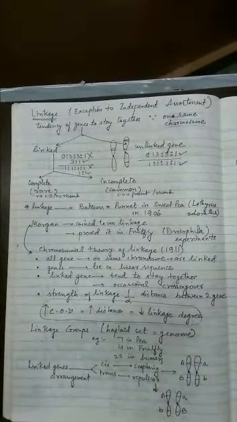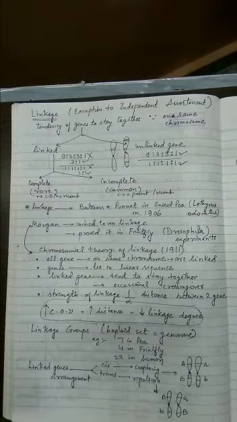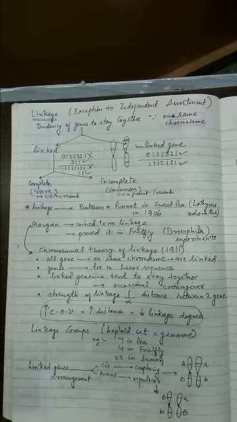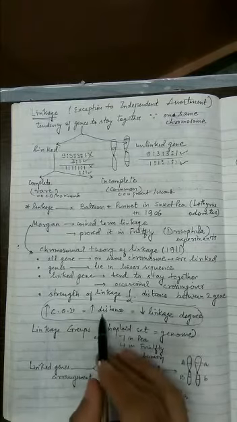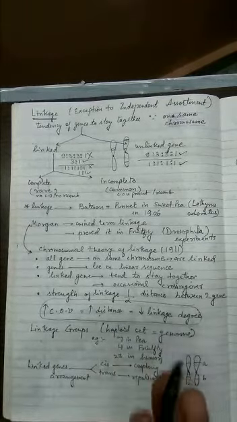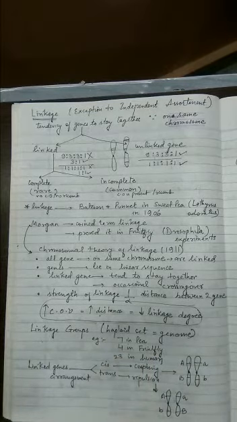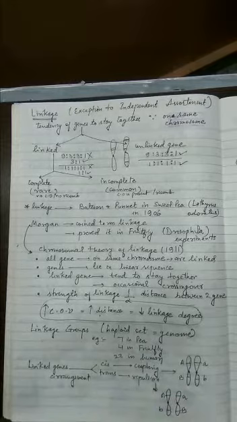When the distance between two genes decreases, you will say linkage is more. When the distance increases, the strength of linkage has decreased. So remember, they have an inversely proportional relation with each other.